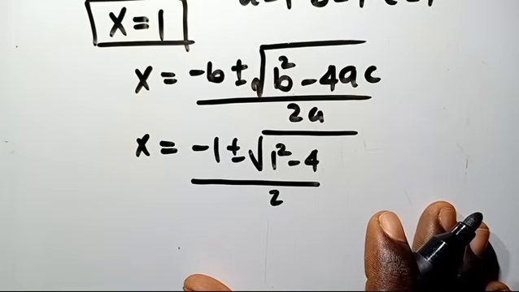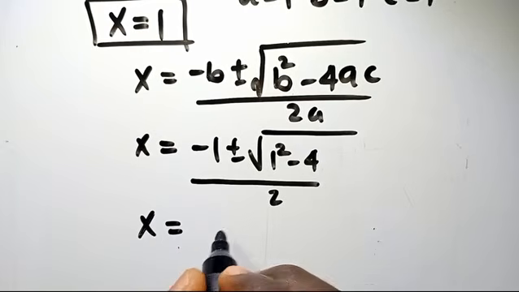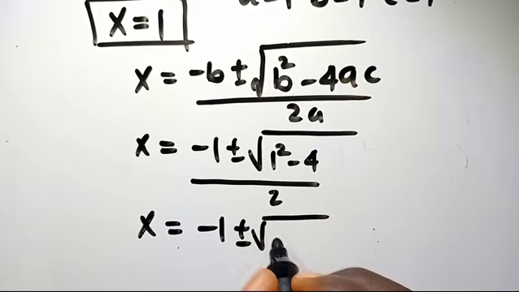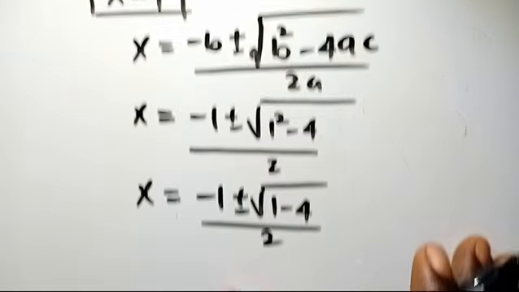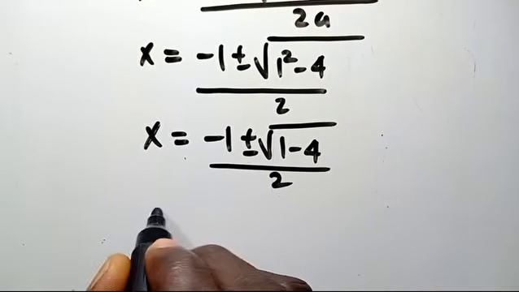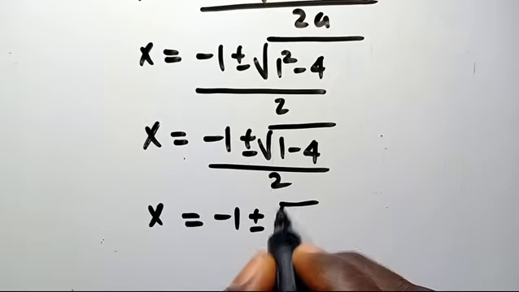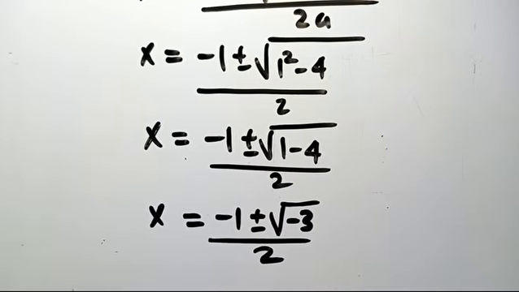Now we have x equals minus 1, positive or negative, square root of 1 minus 4, over 2. So we have x equals minus 1, positive or negative, square root of 1 minus 4 which gives us minus 3, over 2.